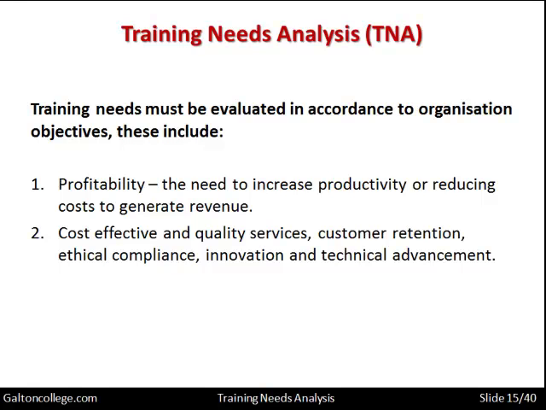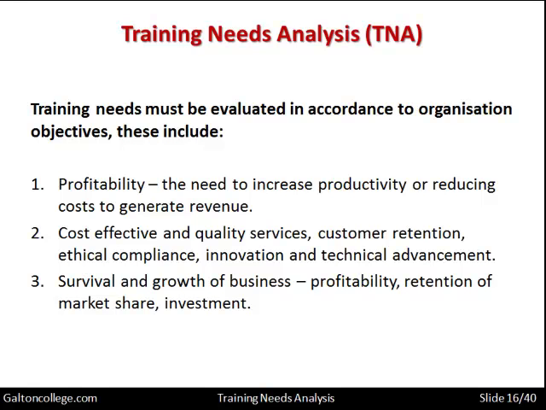Perhaps the ideas are not acceptable, but at least they're coming forward with ideas. They're enthusiastic, they're interested, and they're bringing forward ideas about innovation and technical advancement. So the training system can encourage all of this. And all of this list of terms we've got here on point number 2, these can be encouraged and developed using effective training tools.